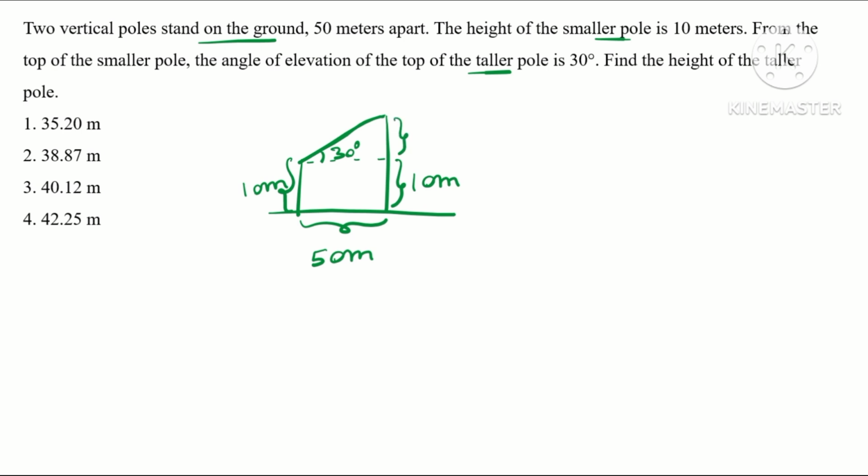Let us think of this as y. And they are asking to find out the height of the taller pole. They are asking to find out y plus 10 equals question mark. To find y, let's take tan theta. Here tan 30 equals opposite y by adjacent, which is also 50.